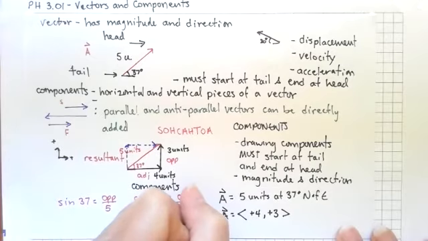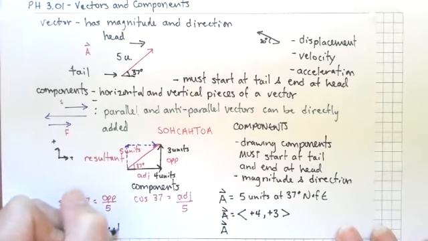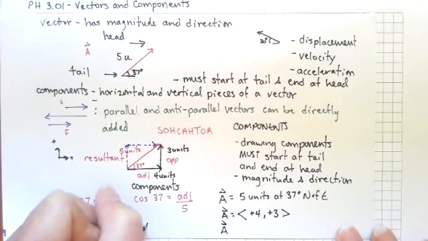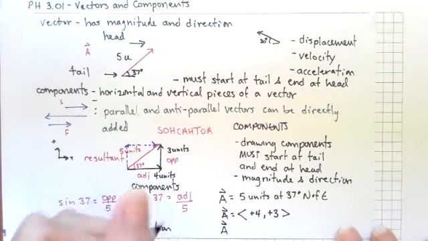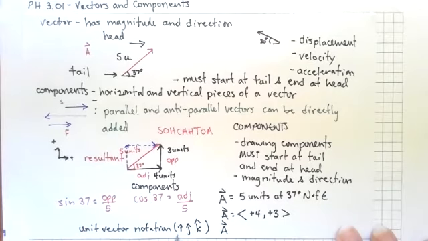The way that it usually gets written in physics classes is with something called unit vector notation, or IJK. We use an i with an arrow over the top, a j with an arrow over the top, and a k with an arrow over the top. And I prefer IJK notation.